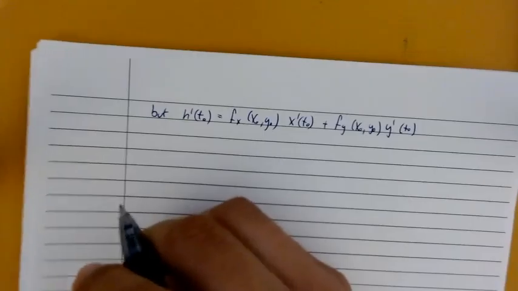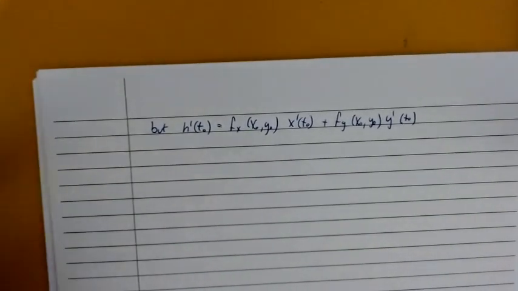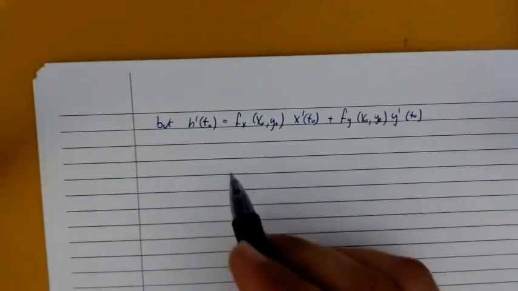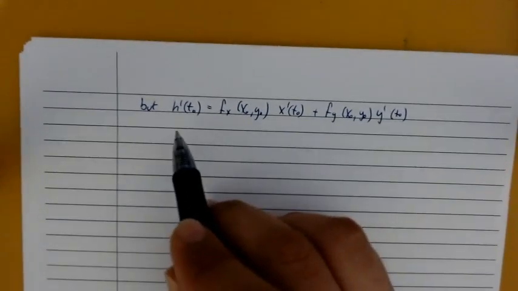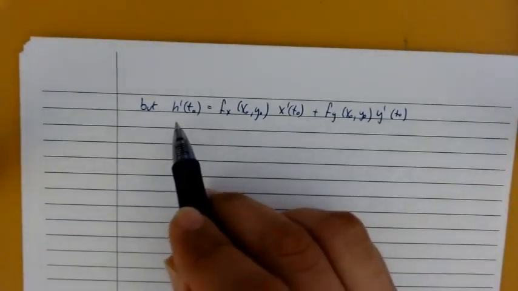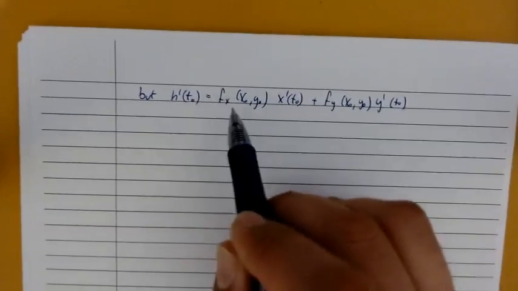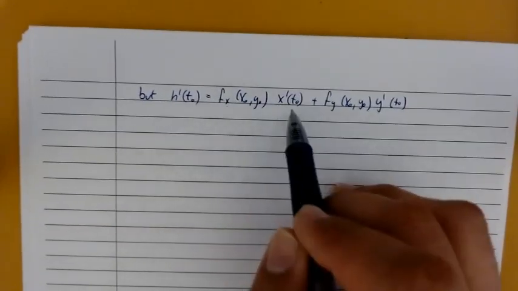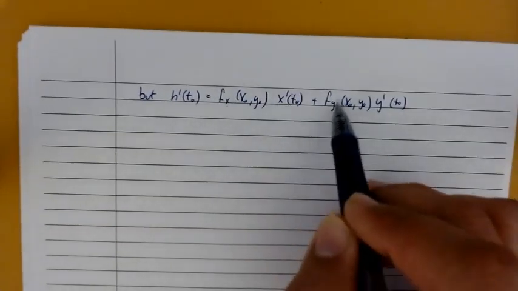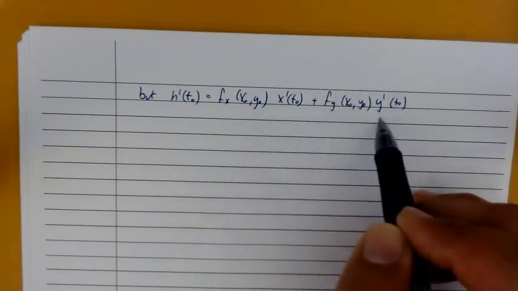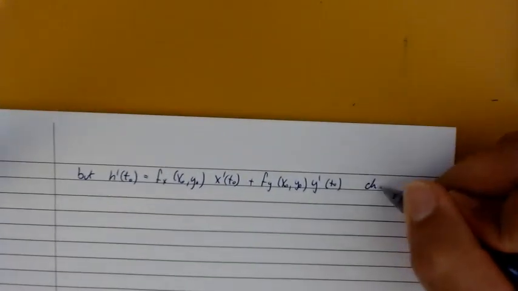That's the chain rule. Right? If you're taking the derivative of a composition, after all, h is f of x of t comma y of t, then that would be the derivative of f with respect to x times x prime plus the derivative of f with respect to y times y prime. This is just the chain rule.